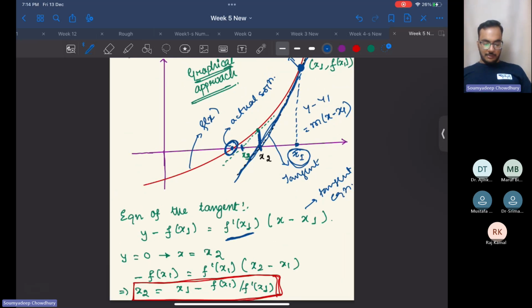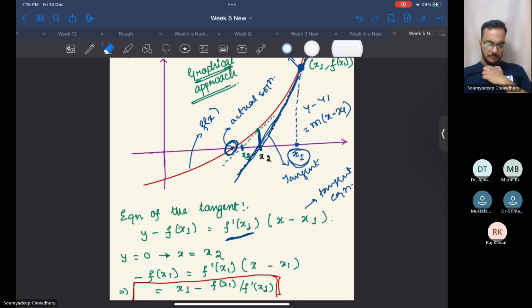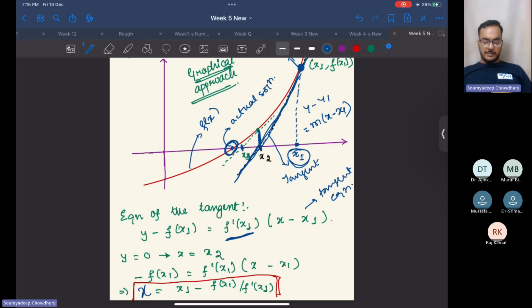If we substitute y equals 0, we get minus f of x1 equals f dash x1 into x minus x1. This x we are replacing by x2, or any xn you can write. So now from this you can find out x: x is basically x1 minus f of x1 by f dash x1.